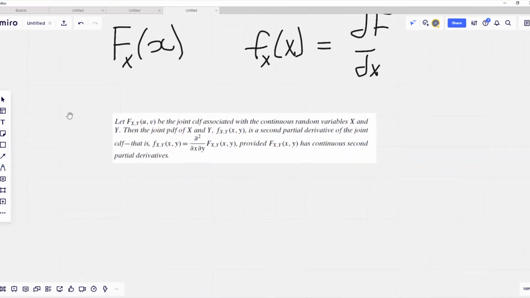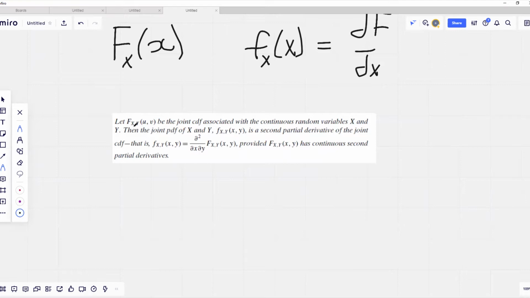Now, in a case when we are working with bivariate joint distributions, to find joint PDF from joint CDF of two random variables x and y, we have to find it in a similar fashion to the case when we're working with a single random variable.